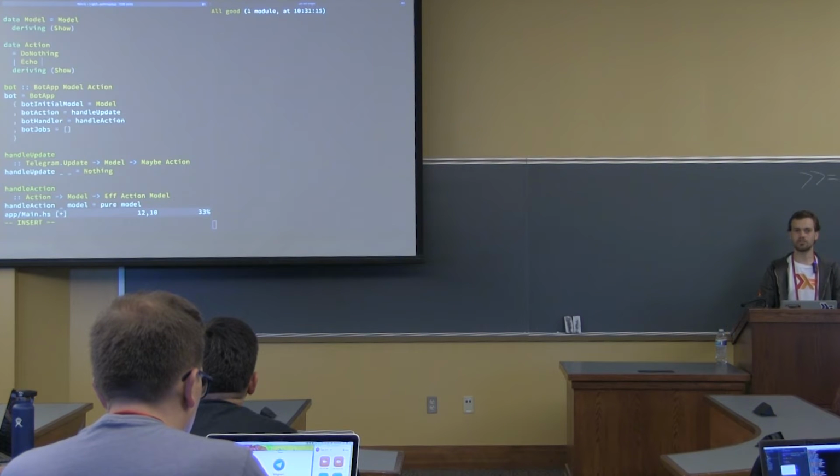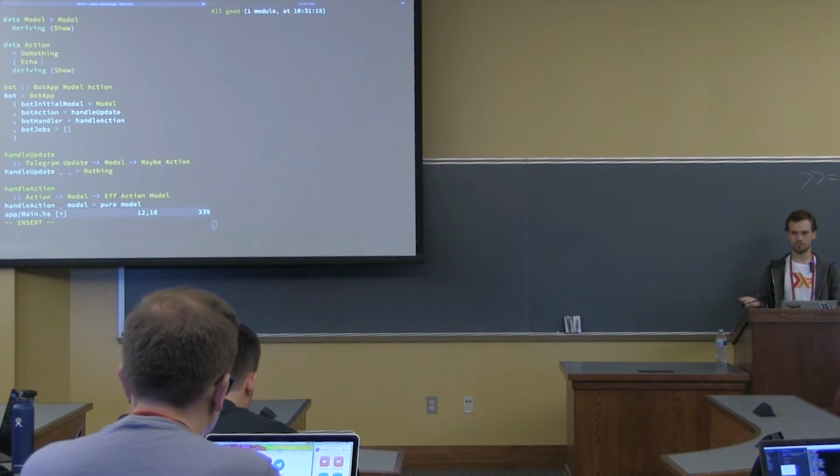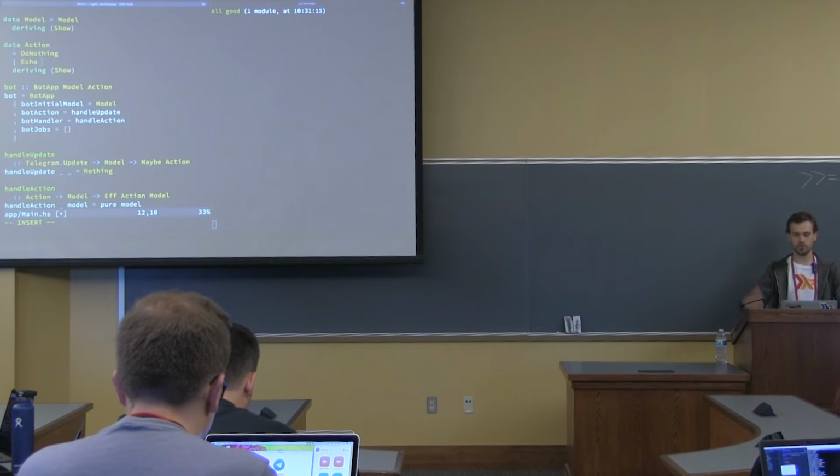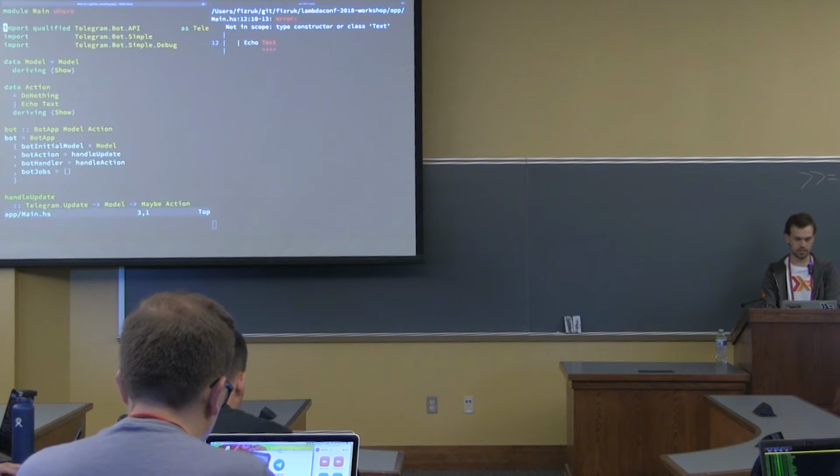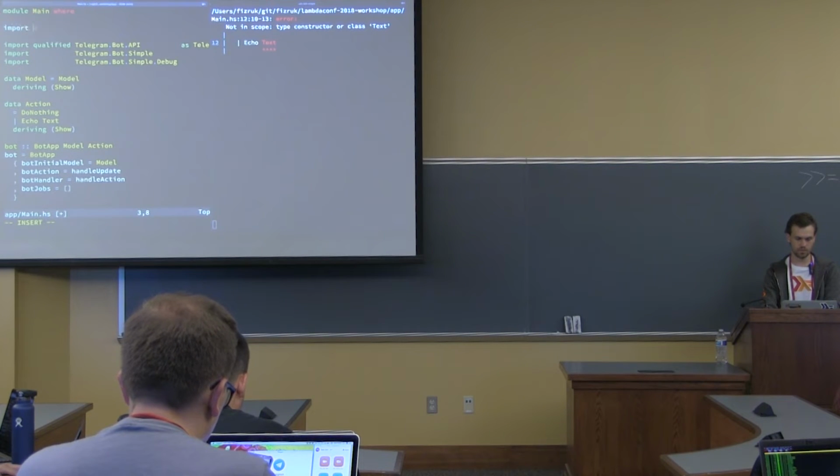We cannot just echo and know somehow magically what to echo. We have to either store it in our model, but why would we do that, or write it in the action. So we can just use, for instance, Text. I find... import Data.Text. Okay.